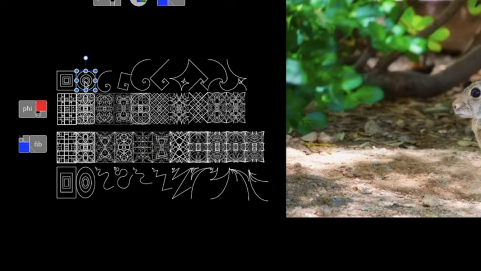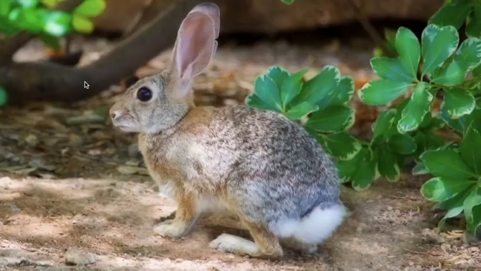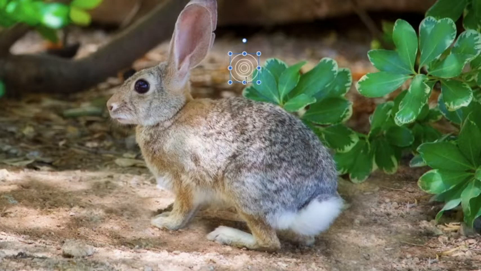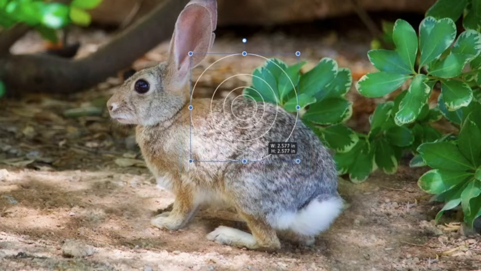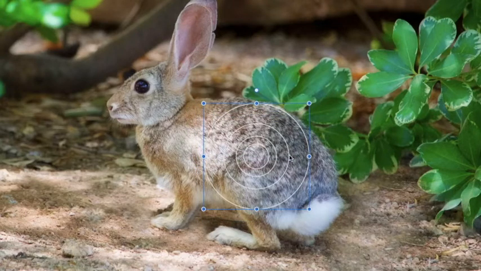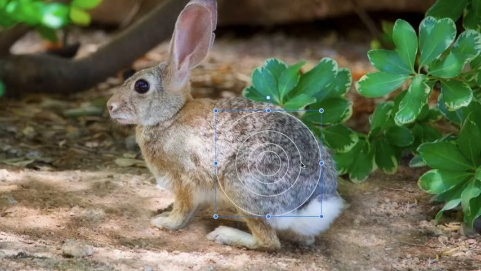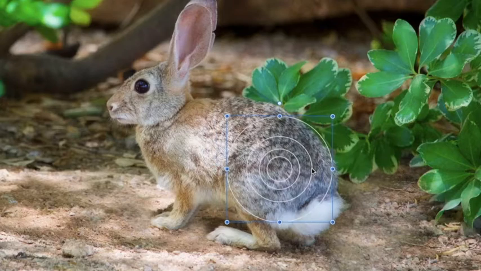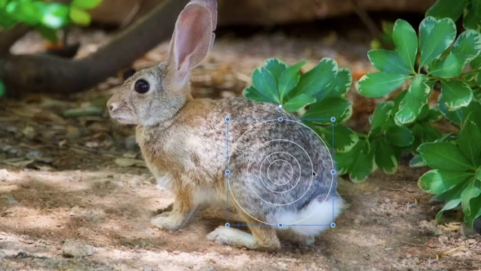Let's try the circles, that same idea. Instead of rectangles, we're going to do basically squares, but in the circle form. Try and find a nice one, so that's clearly a nice circle there, encompassing that whole back area.